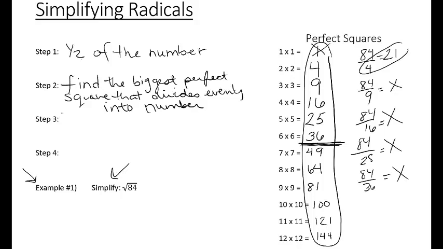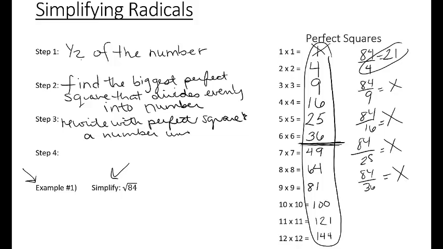Step 3 is to rewrite the problem with the perfect square and a number under their own radical. So we're not really changing anything here.